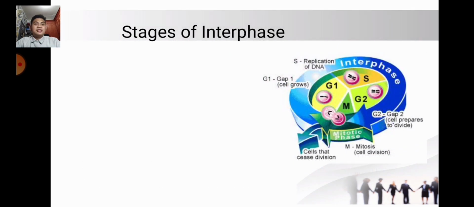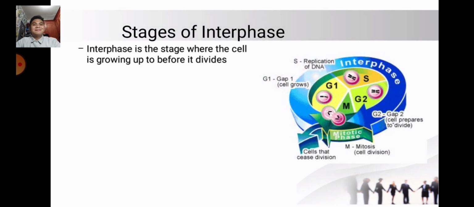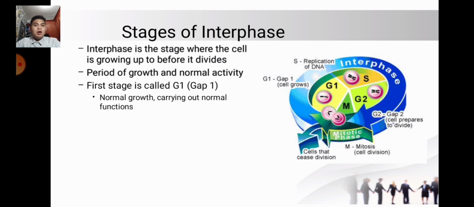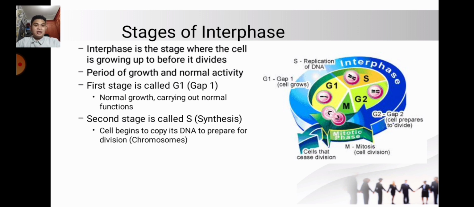Let's go to the stages of interphase. Interphase is the stage where the cell is growing before it divides. That is the very first stage. It's also the period of growth and normal activity, wherein the first stage is called G1 or gap 1. Here is the product of normal growth and carrying out the normal functions in the cell.